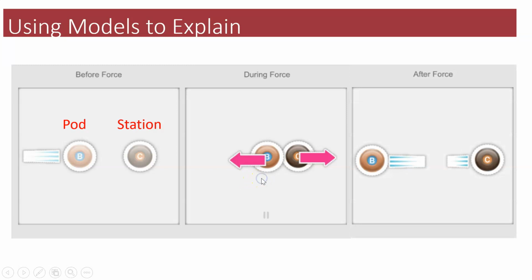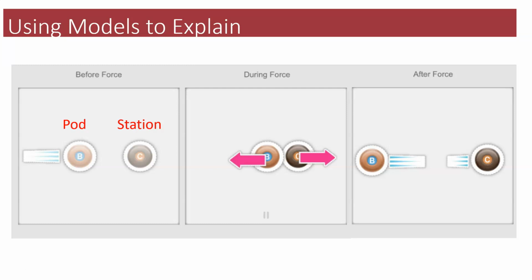Now, because the pod has less mass than the space station, the same size force caused a greater change in velocity for the pod than the space station. The effect was that the pod and the space station are now moving away from each other, but the pod is moving faster than the space station.